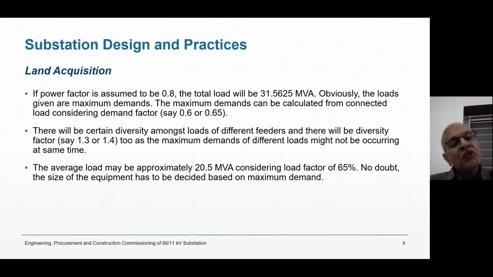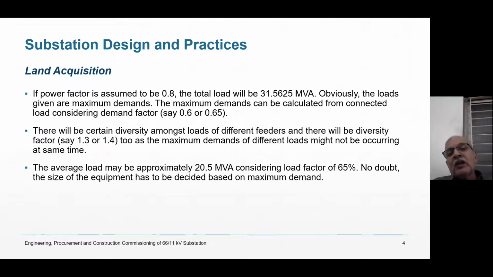One way is forced diversity. Forced diversity means, I'm talking of Gujarat, then one district or two or three districts are not getting power on Monday, other districts are not getting power on Tuesday. That does not mean that they are not receiving the lighting power, domestic power, because the electricity board is not much interested in domestic power.